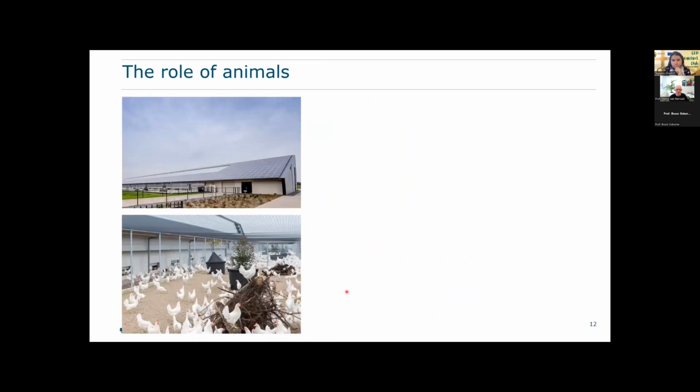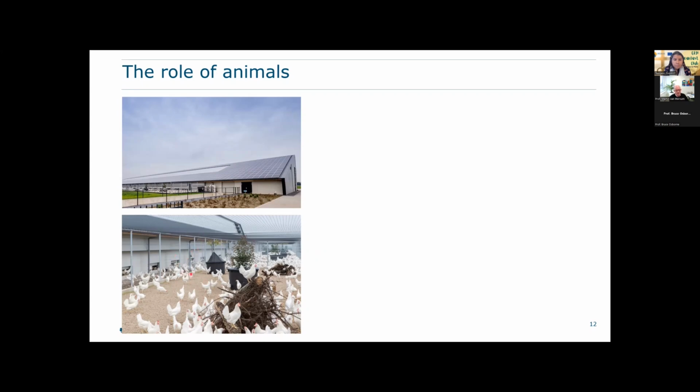So in the last part of my presentation, I want to give some examples of research we did around these three principles. And the first one is about the role of livestock in our food system and feeding them with low opportunity biomass. These are pictures from a large poultry farm producing eggs, just 2 kilometers from where I'm living, in the middle of the Netherlands.